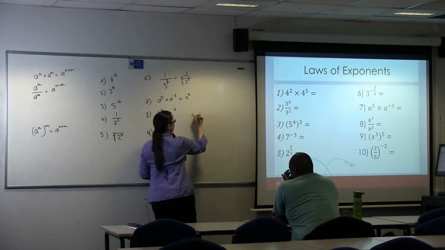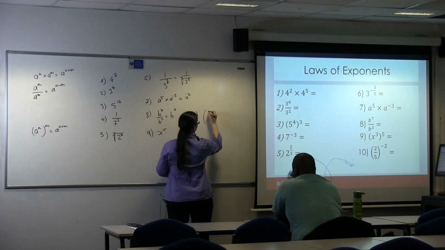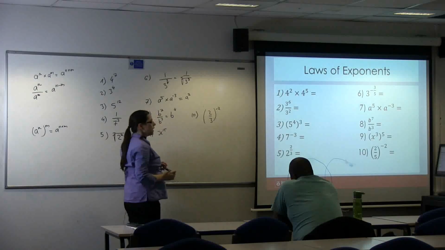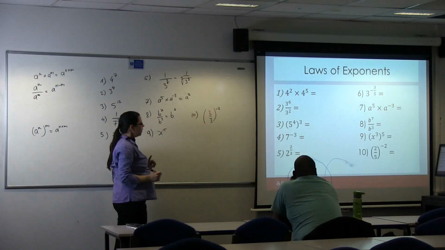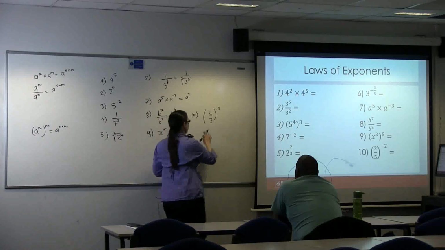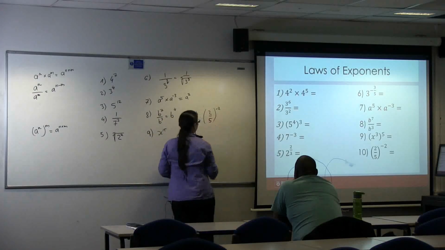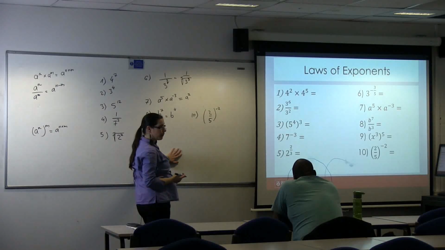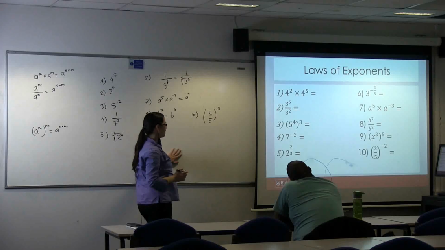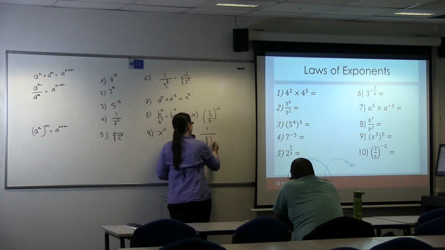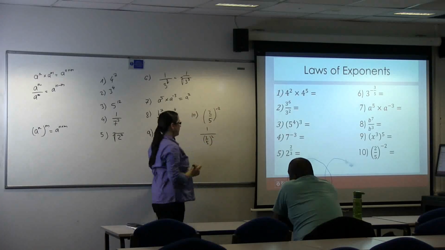And the last one, that looks a little bit funny. So 2 over 5 to the minus 2. Now what I know about the negative power is that it makes it 1 over the positive power.